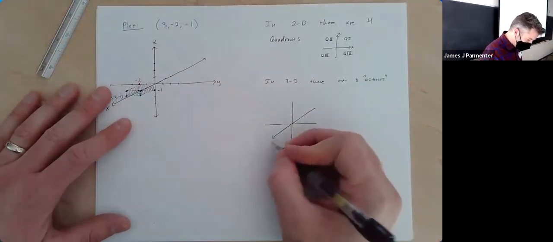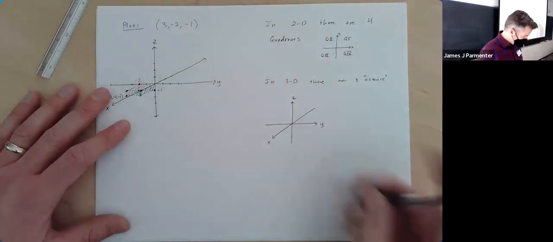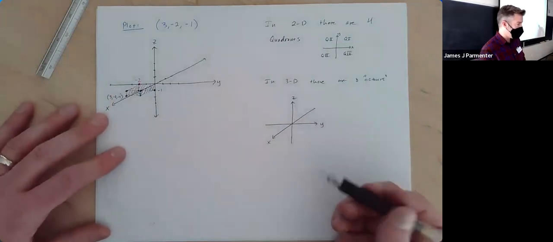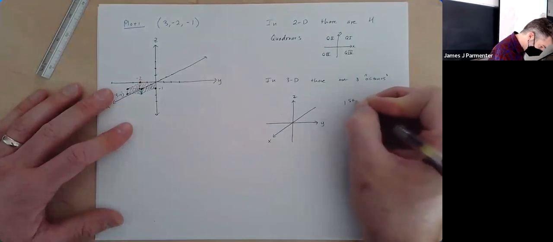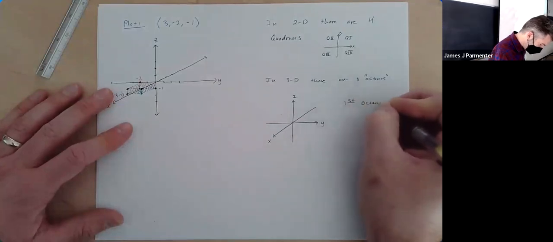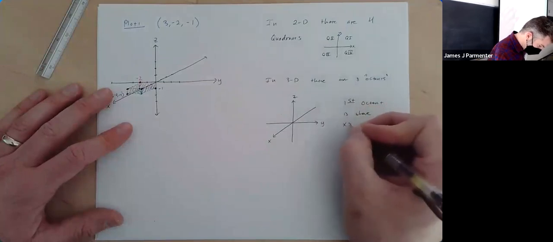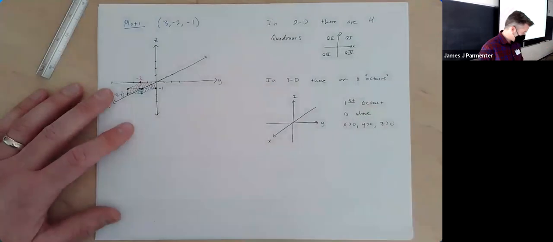So if you go positive X, positive Y, positive Z, this upper right-hand corner, that's the first octant. So the first octant is where everything is positive. X is positive, Y is positive, Z is positive.